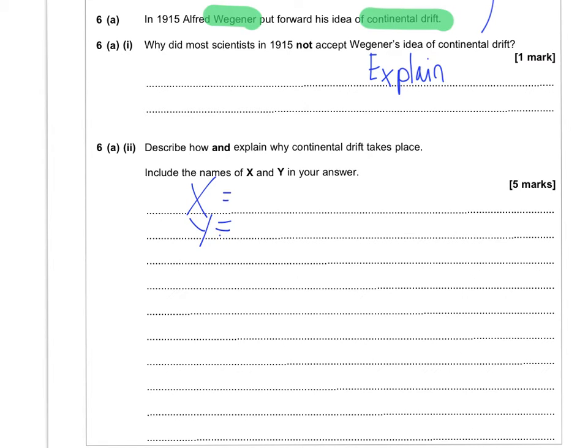So we'd start off with the idea of probably tectonic plates, and then we'd work our way into why they move. And because it's a longer question, I will be thinking of some keywords. Some of my keywords are radioactive processes.